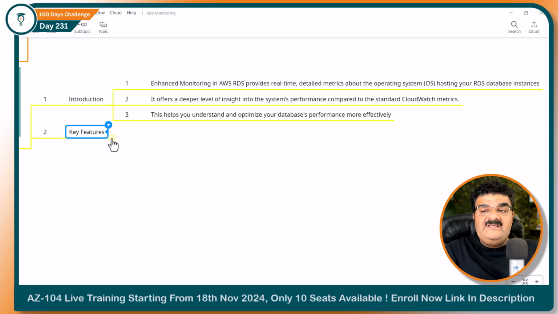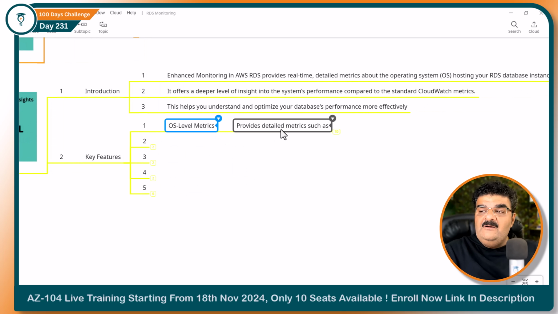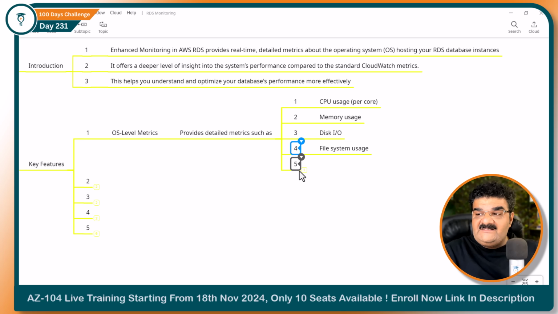Now here we have key features related to Enhanced Monitoring. OS level metrics provide detailed metrics such as CPU usage, memory usage, disk I/O, file system usage, and network throughput. If you have a database, you have to get a total idea about how your disk is performing, because a database is used to store lots of data. If your disk performance is low, then your entire database will be down. So it is always a good idea to monitor your disk.